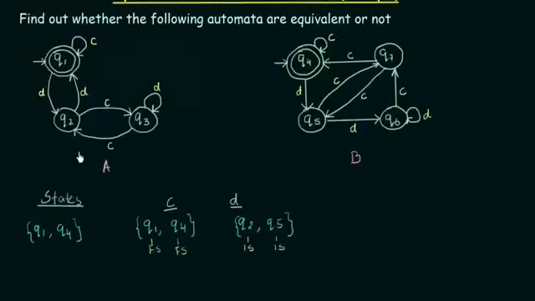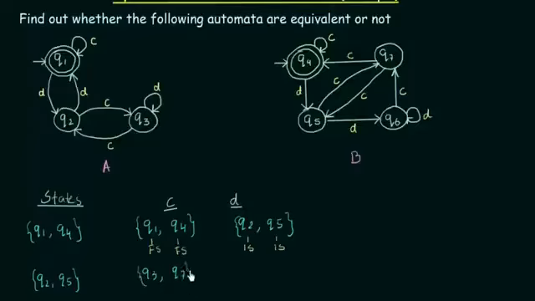Now let us take the next pair of states, which will be Q2 and Q5. Let's see where they go on getting inputs C and D. Q2 on input C goes to Q3, and Q5 on input C goes to Q7.